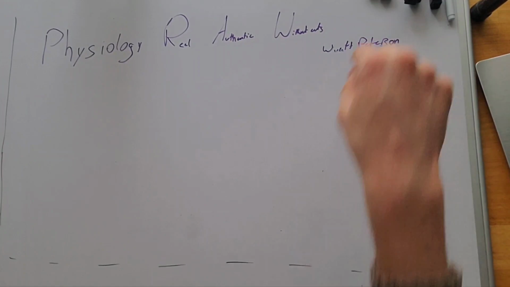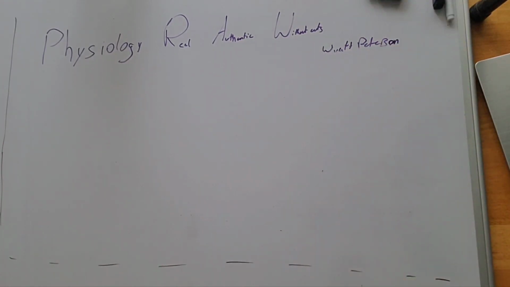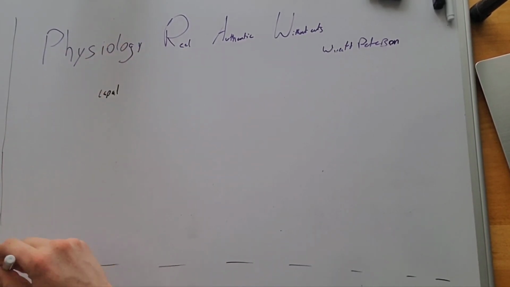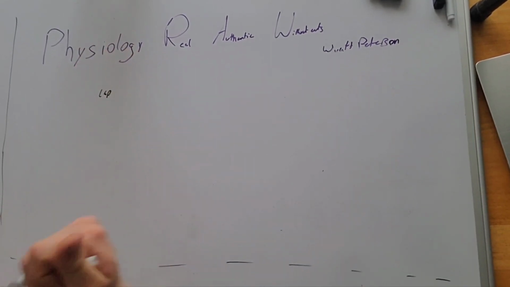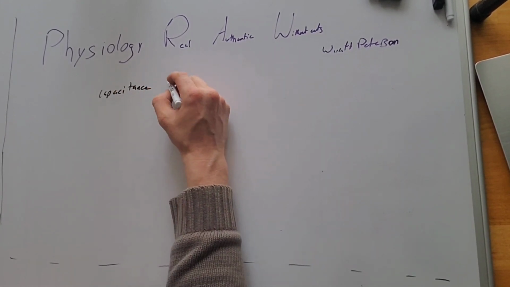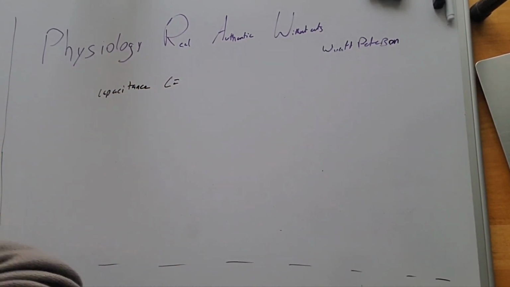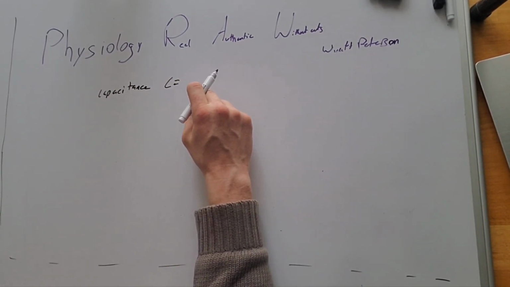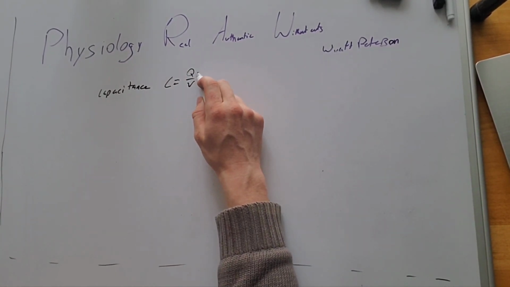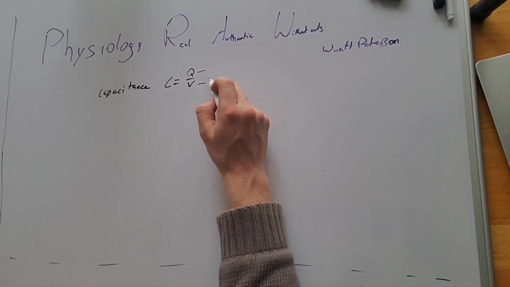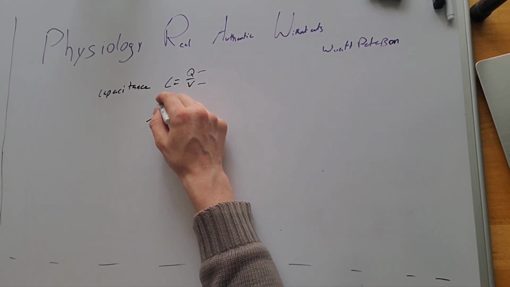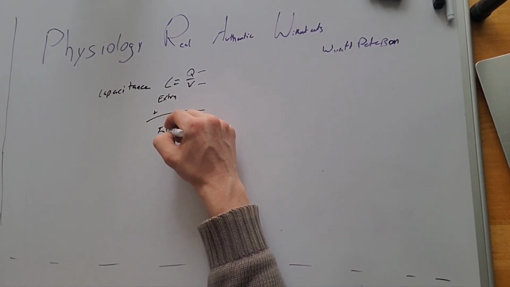So capacitance is just, let's see. So this is a little equation for this: Q over V. So capacitance is charges over volts, and so we could see on the cell membrane, this is extra, intra.